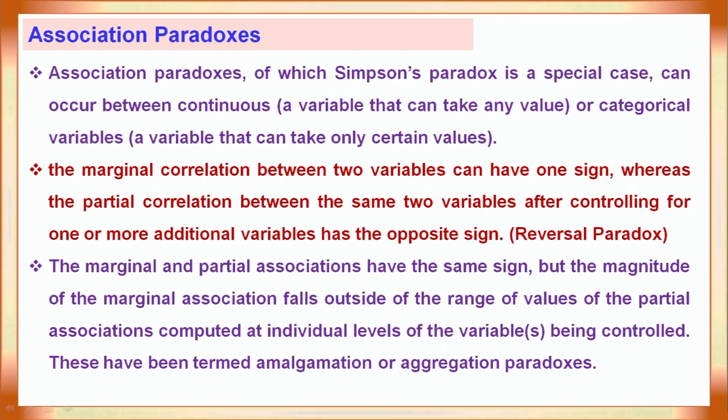This is a very high correlation coefficient. Now when you calculate each variable independently, like the Pearson product moment correlation, it generally comes down. So again, this is also a type of association paradox, in particular known as the amalgamation or aggregation paradox.